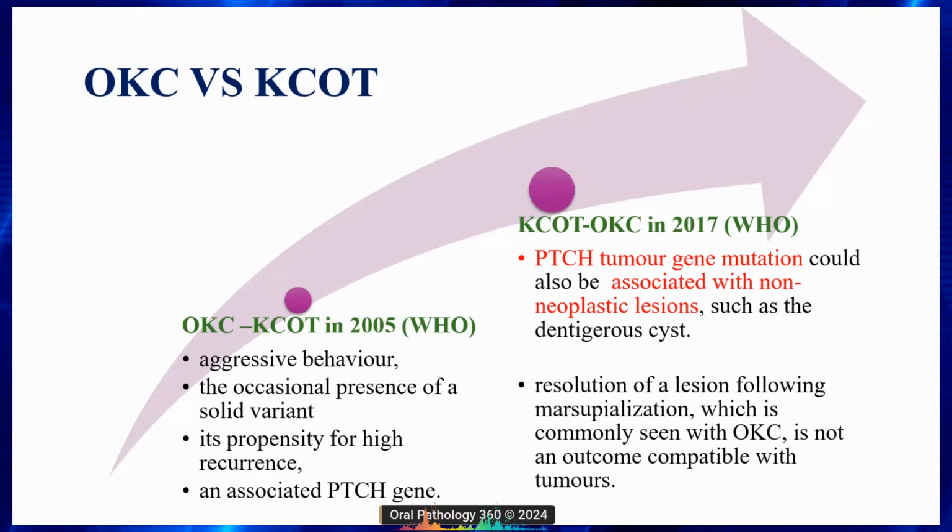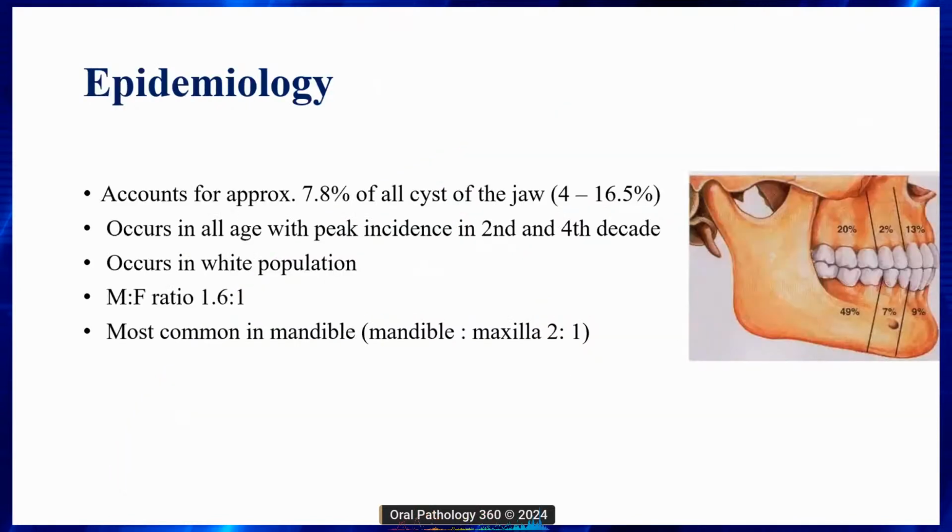But again, it reverted to odontogenic keratocyst after finding out that the PTCH1 gene mutation is not only associated with odontogenic keratocyst, but also other cystic lesions and non-neoplastic lesions, for example the dentigerous cyst. And there is also resolution of the lesion following marsupialization, which is commonly seen in other cysts as well, but is not an outcome with tumors.